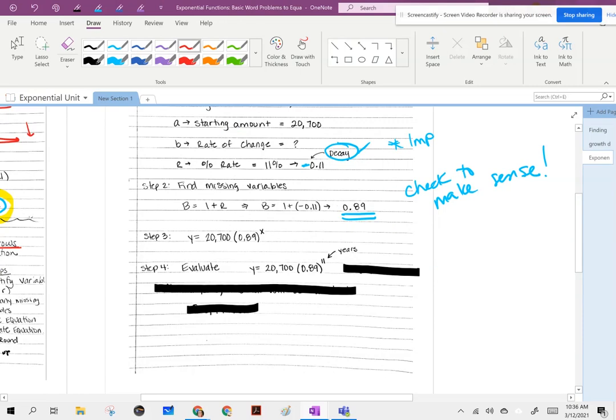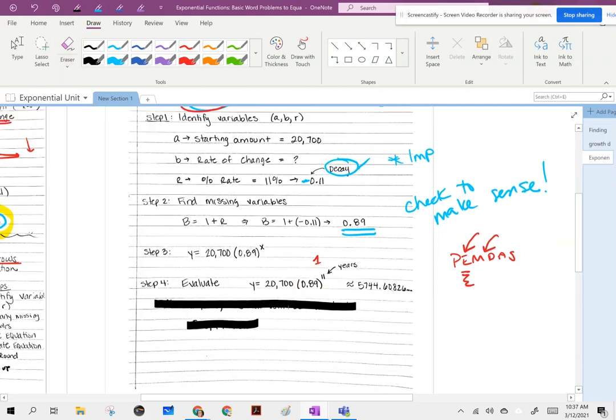It just happened to be another 11 in the problem. And then calculate this. Very important that you do this number first, right? Because of PEMDAS, which means exponents come before multiplication. So we get this number and then we multiply by 20,700.